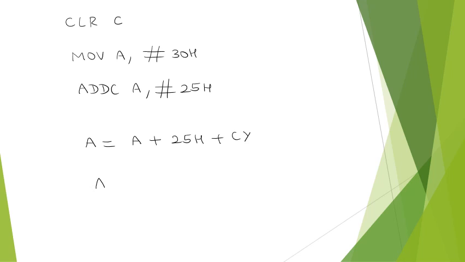So A is 30H, the second operand is 25H, and the carry flag is 0. So we have to add 30H plus 25H. We get 55H, which will be stored in the accumulator.